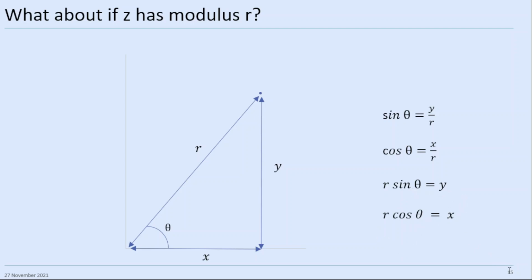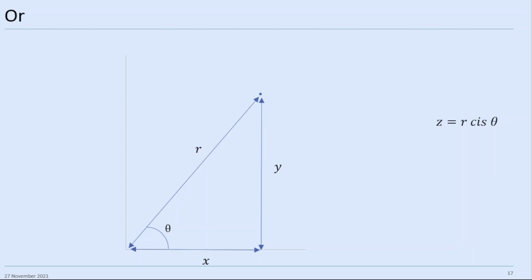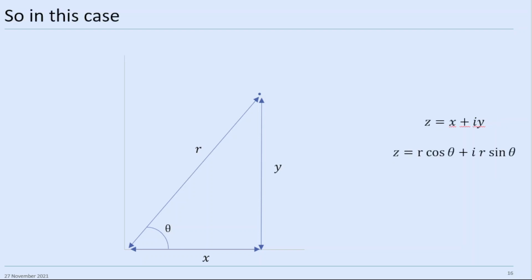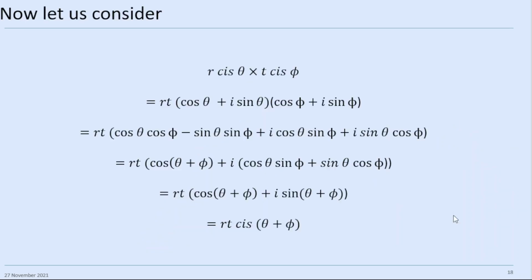So we can put in r sine theta and r cos theta for y and x respectively. And we get z equals x plus iy, so z equals r cos theta plus i r sine theta. And we can factorize this as z equals r cis theta. So take the r's out, and this is r cis theta.